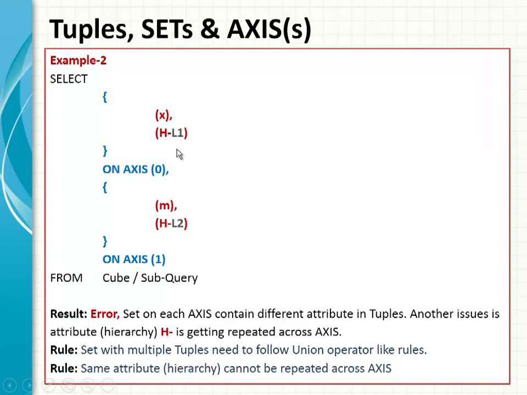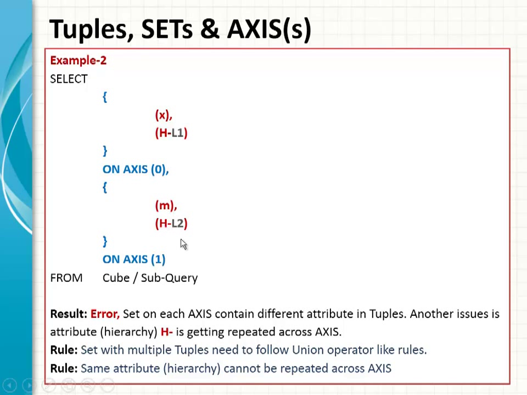In this example, the query structure again has two axes, and on each axis there is a set made of two tuples. On axis 0, the first tuple has attribute x and the second one has h with level 1, and then the set on axis 1 uses attributes m and h but a different level, that's level 2. As you can see, there are two problems in this. Number one, tuples in the same set have a different structure, so they are not matching, as x is different from h, and similarly on axis 1 we have m and h.